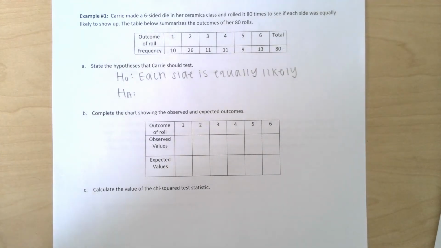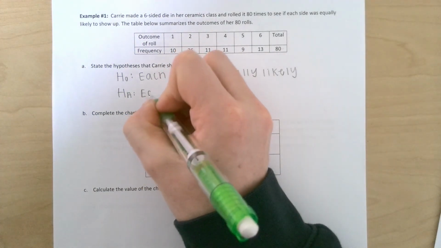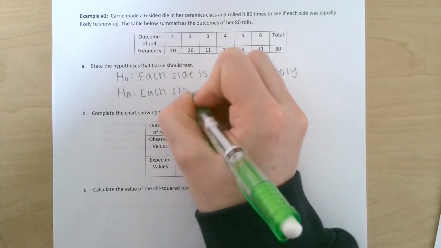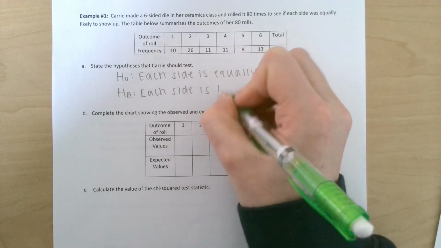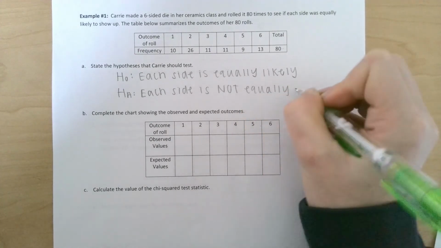Alternatively, I'm trying to show that each side is not equally likely. I don't care which side shows up more than the other. All I care is that it's not equal. So each side is not equally likely.